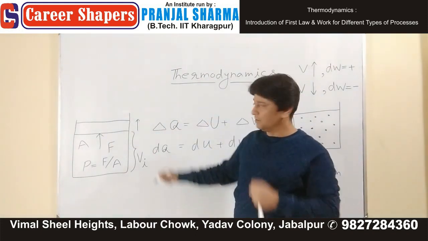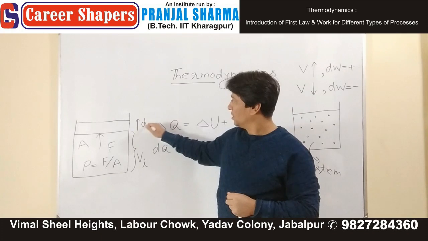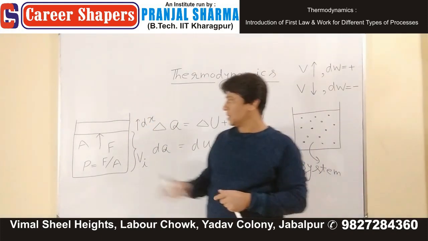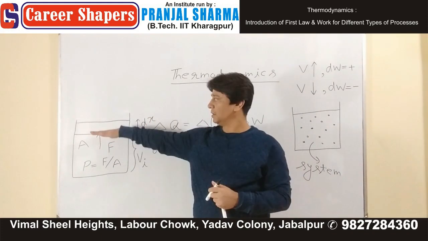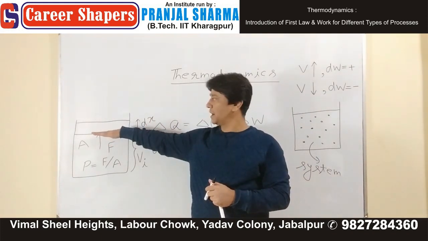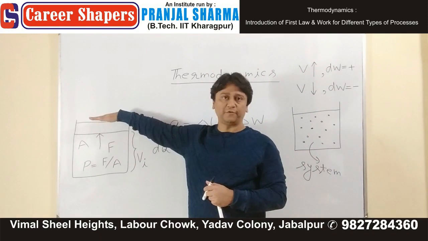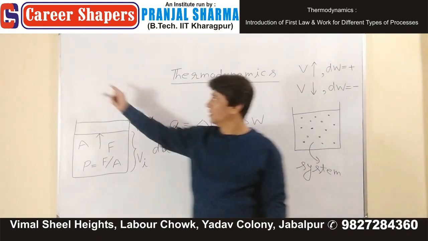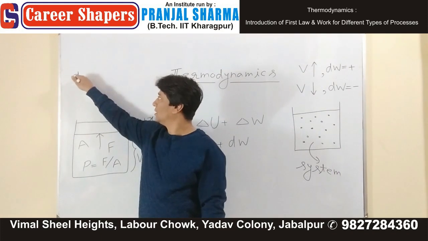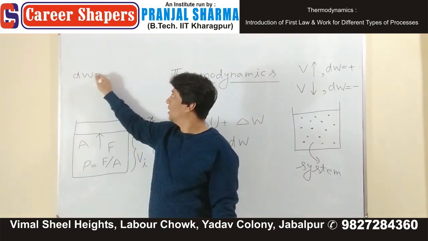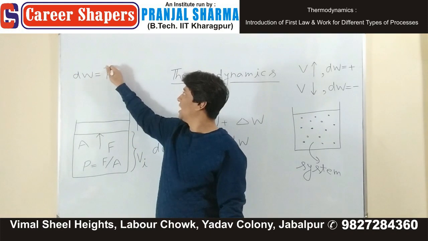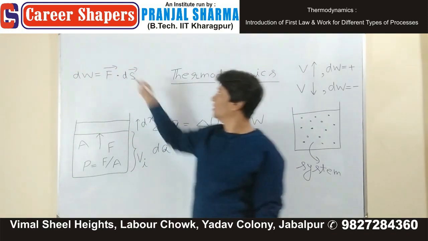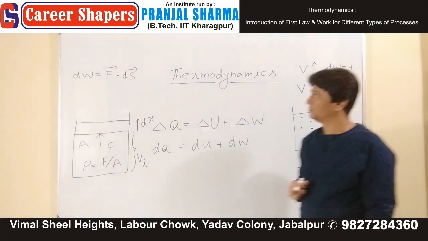Let's say it travels this much, which is dx. The piston was here, molecules collided, force was applied and it shifted here. If it shifted here, then what is work? Work is always F dot ds, force dot displacement.